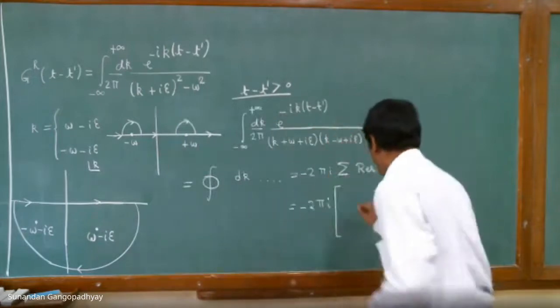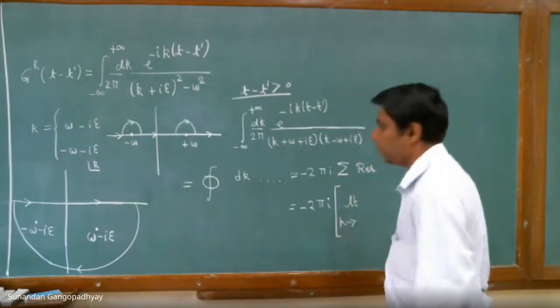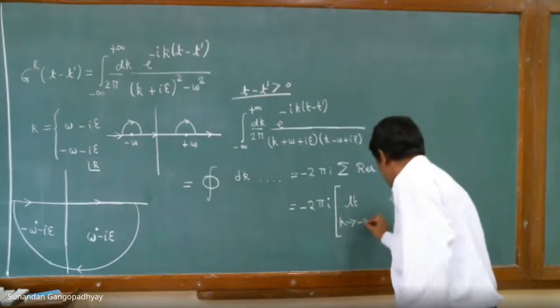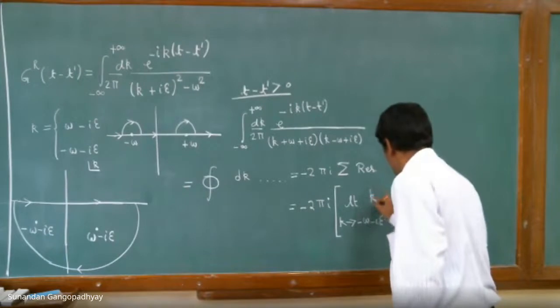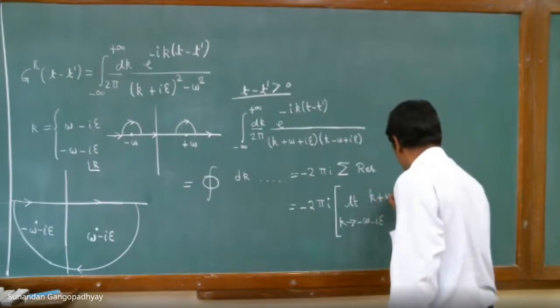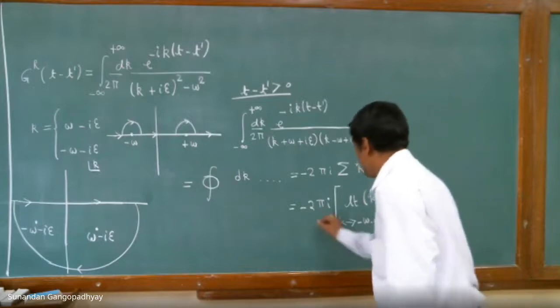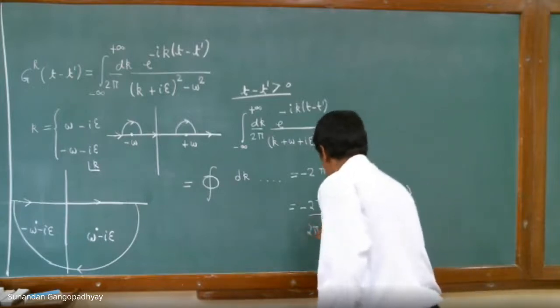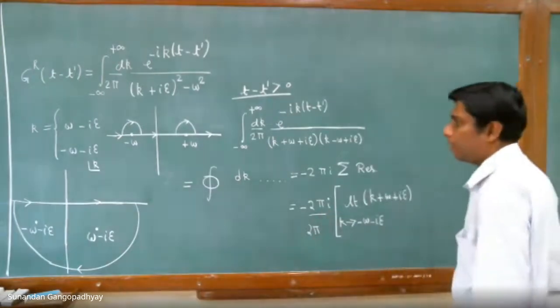And that will be the limit k tending to minus omega minus i epsilon. So this is k plus omega plus i epsilon. We will have a factor of 2 pi from here, so this 2 pi and this 2 pi will cancel.